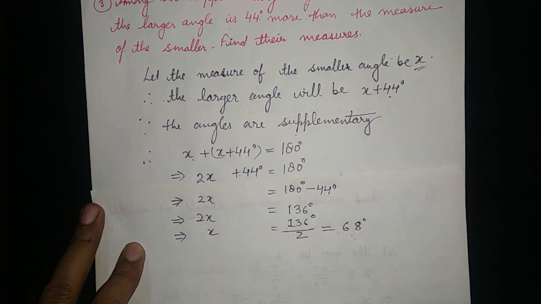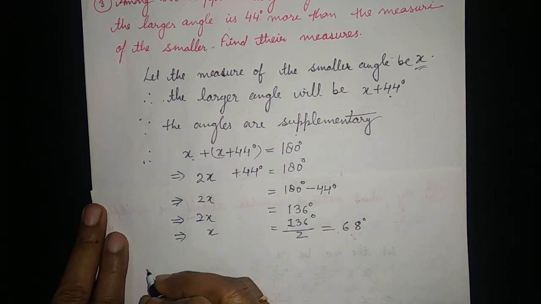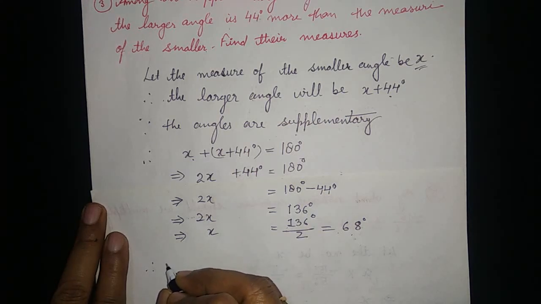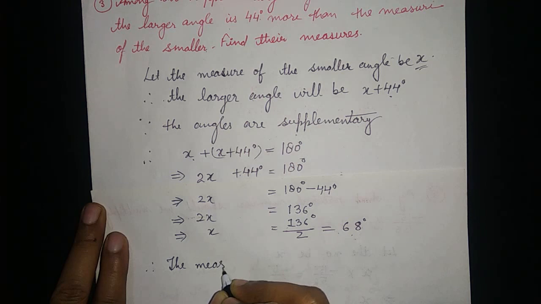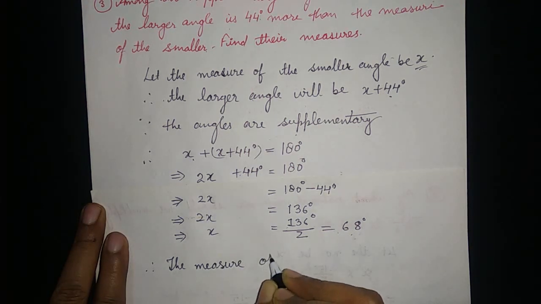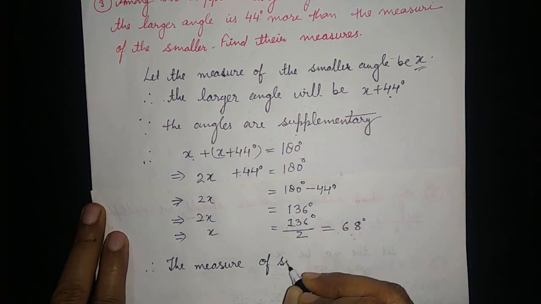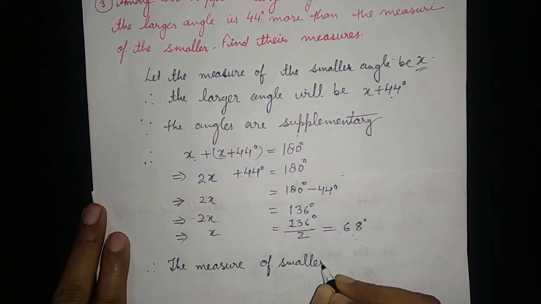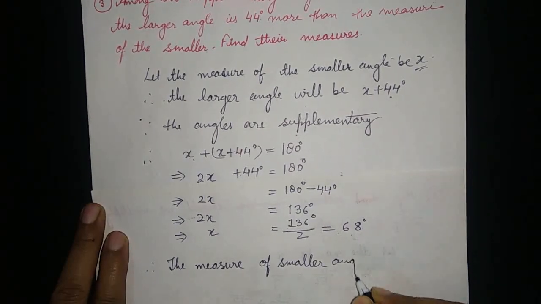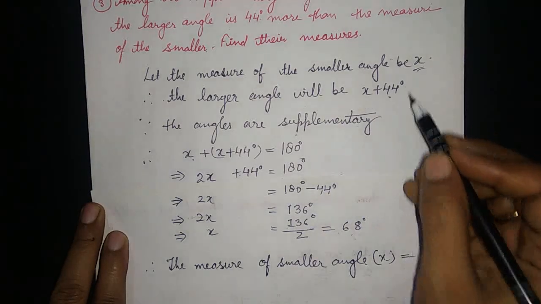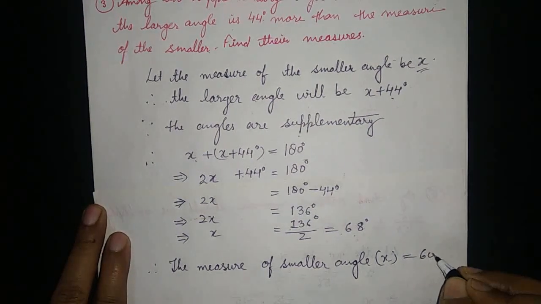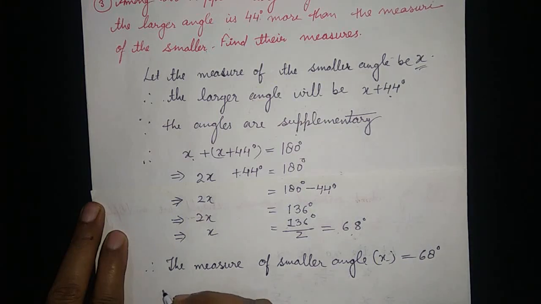Okay. Here we will write, therefore the measure of smaller angle x is equal to what? 68 degree.